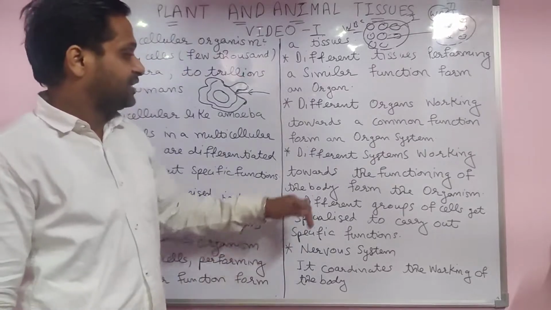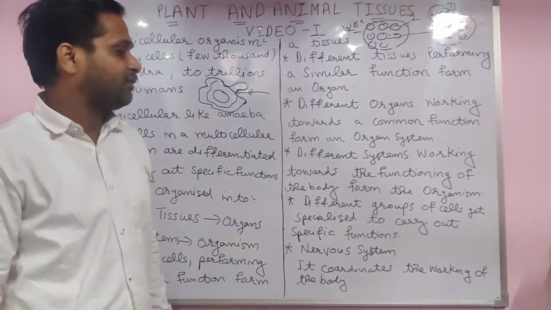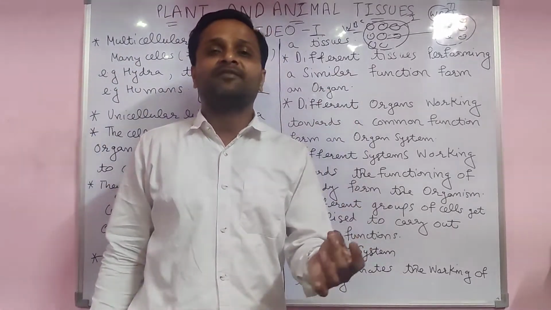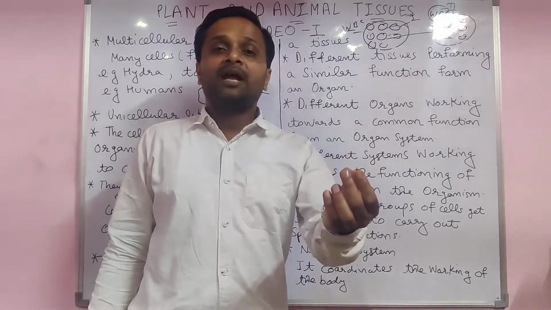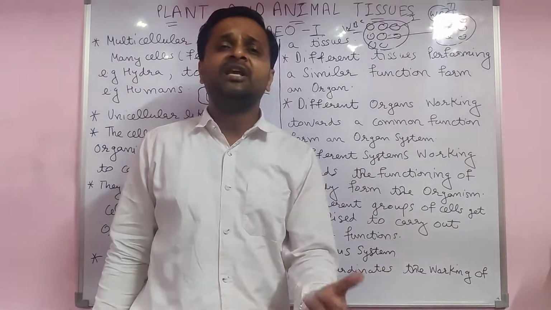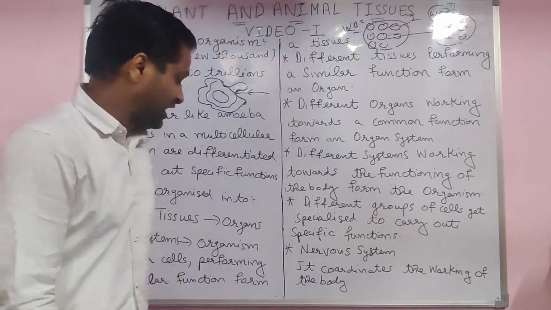Different systems work toward the functioning of the body. When all systems together, circulatory, nervous, lymphatic and integumentary system, a lot of systems in our body, perform together, that forms the organism.